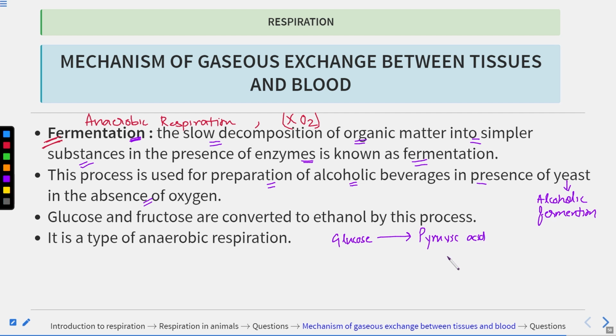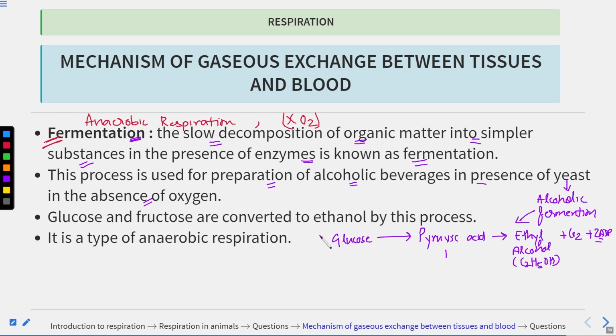Now this pyruvic acid changes into ethyl alcohol, C2H5OH, and along with it carbon dioxide is also produced, and a very small amount of ATP. This is known as alcoholic fermentation.